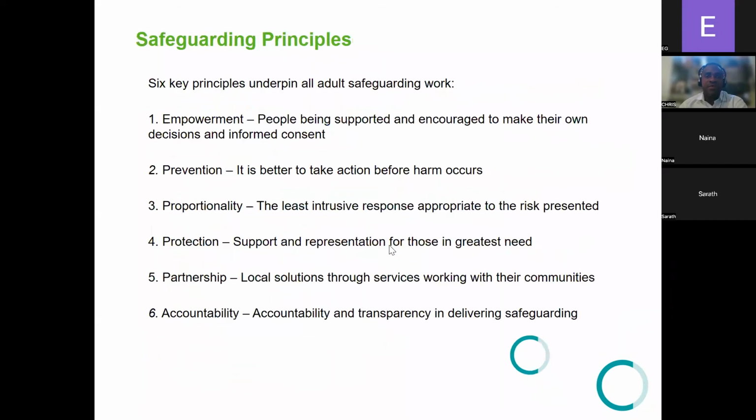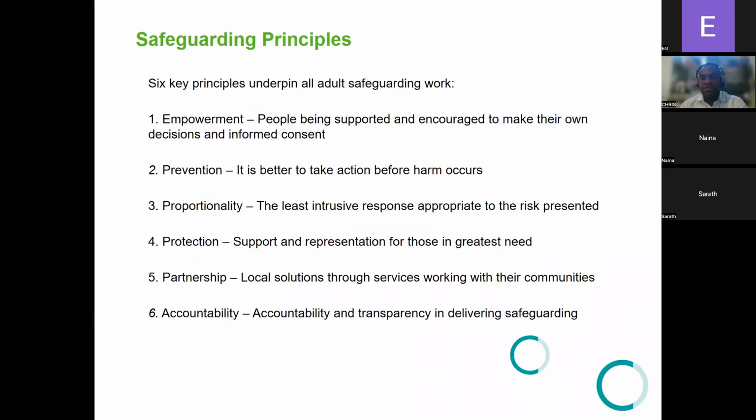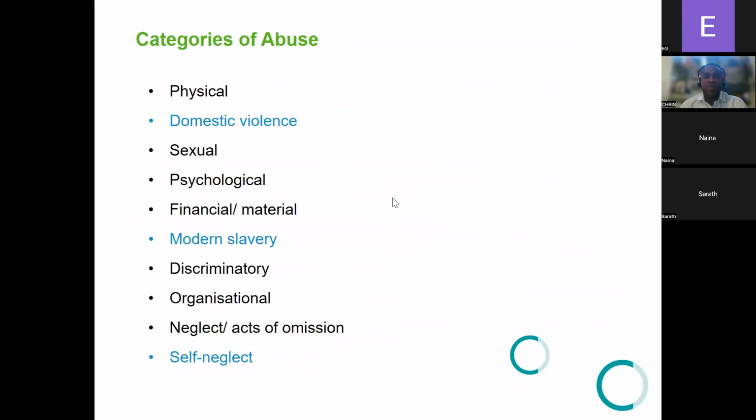So far, we've looked at the definition of safeguarding. We've explored the 6 principles that form the foundation for safeguarding in adult care. We've looked at the various categories of abuse, which you can also call the types of abuse that people go through.